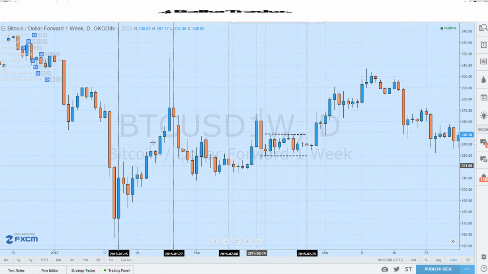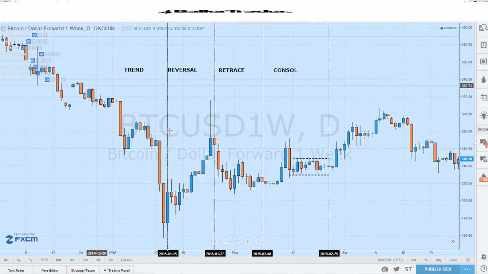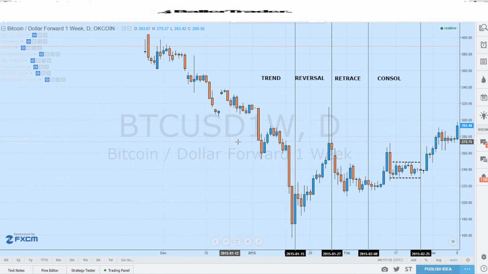So when we are in a trending market, this is basically a pretty big trend. And what we notice is that when we're in a trend, we don't really see stop raids. So when we're operating in a trend, this is a downtrend, so we're just going to look to sell retracements.